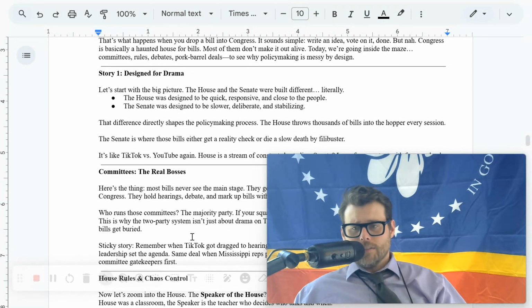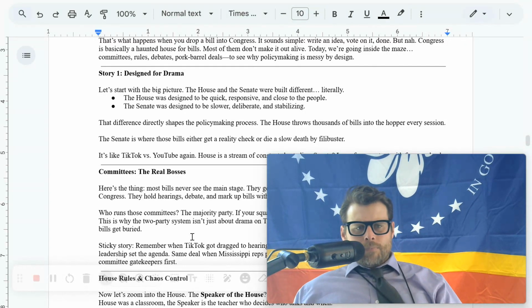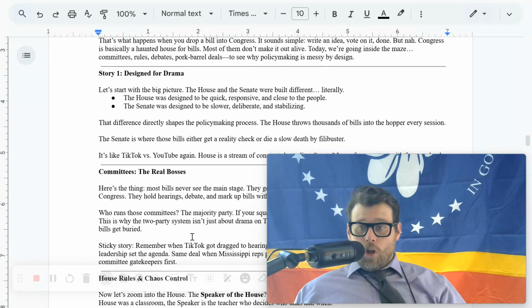And so it's got some unique powers, like the filibuster. The filibuster is definitely a minority political party superpower in the Senate to allow them to stall or slow down a bill-making process. That way they can get some amendments added or some compromises and negotiations made along the way.